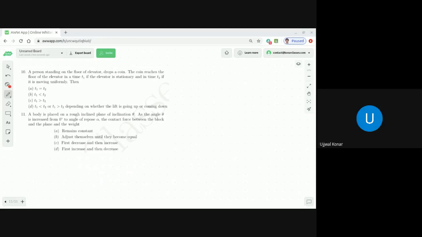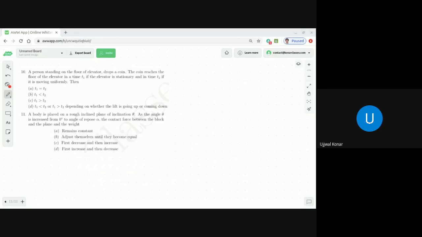Yeah, exactly. So if you look into the problem and find the inherent meaning of it, what we conclude is that because it is an elevator, hence the person does not have any acceleration. Pseudo force is zero in both the cases.